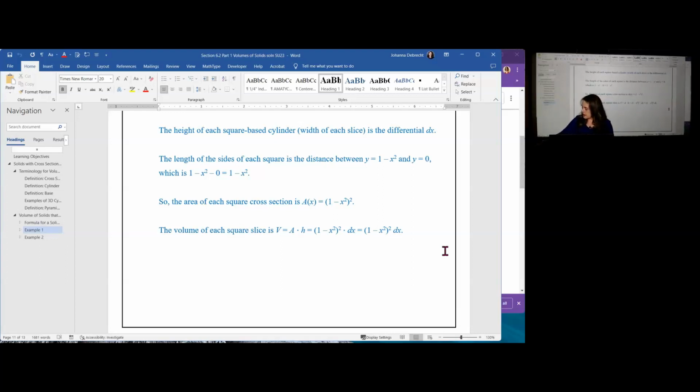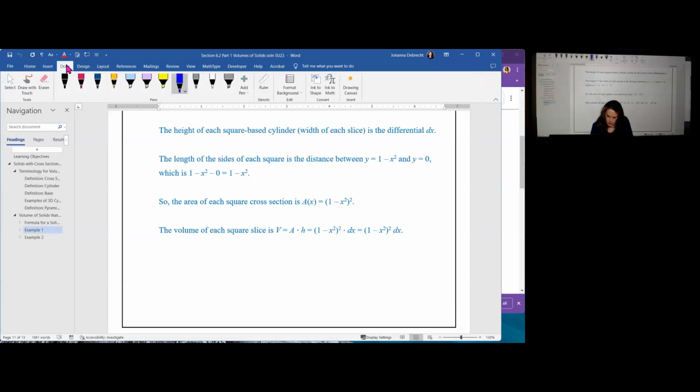Let's go ahead and complete writing what the definite integral would be. In this problem, we need to be integrating from x equals 0 to x equals 1. We want to take the area as an equation of x and multiply by the height of each little rectangular box, which in fact is the differential dx.